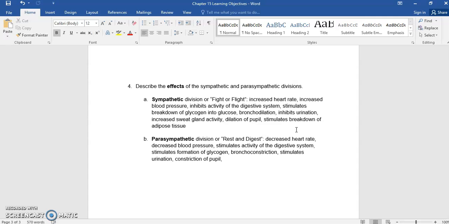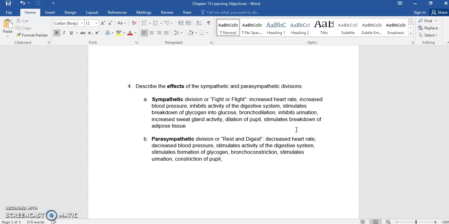We'll get more blood flow going to our digestive system. That's a good time to start breaking down nutrients, have proper digestion going on. If we need to go to the bathroom, it's usually when we have to go. And then we'll be conserving energy and storing nutrients during that time, preparing for the next time we have a fight or flight situation.